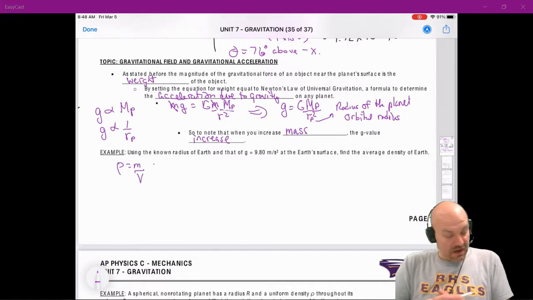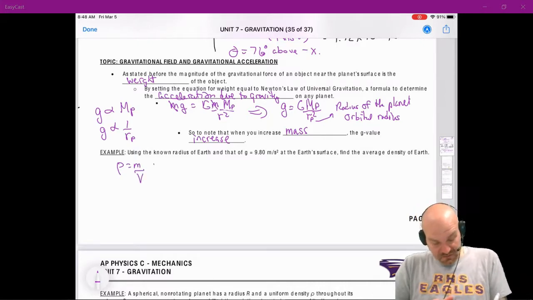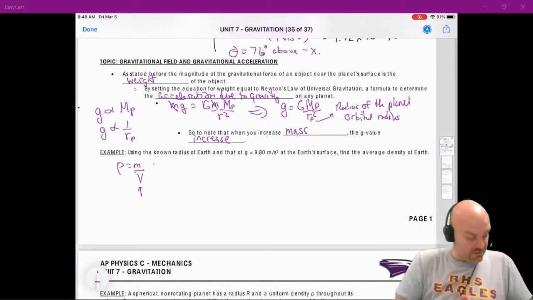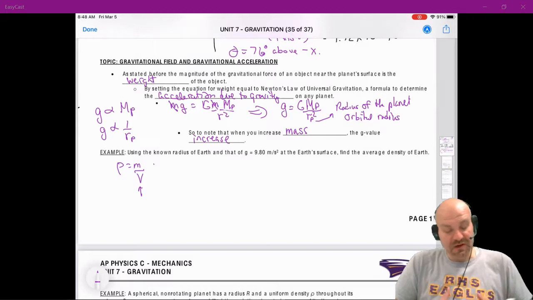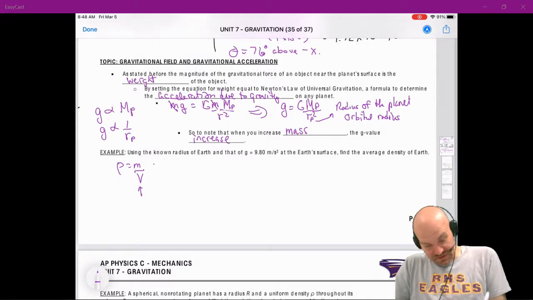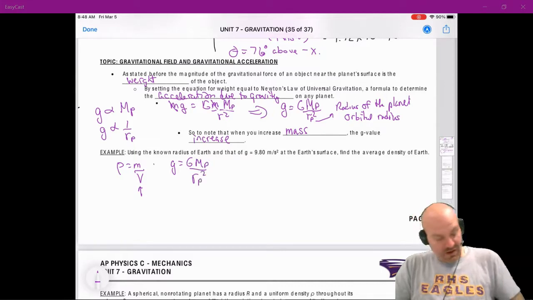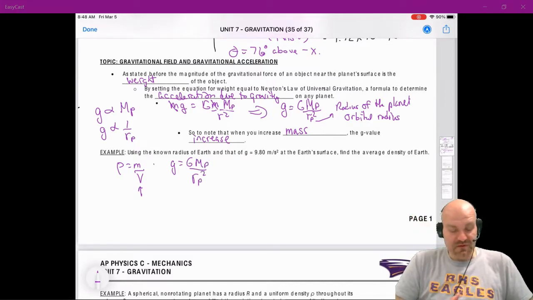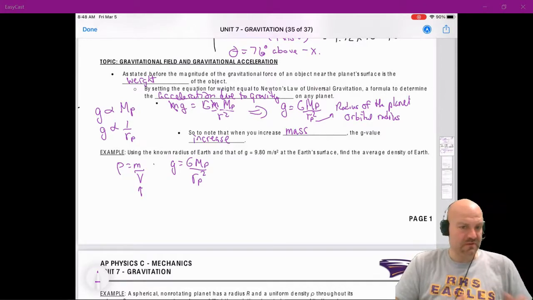But we need to know the volume of Earth, or using the equation g equals G M_p over R_p squared, we need to figure out the mass of the Earth without looking it up, right?